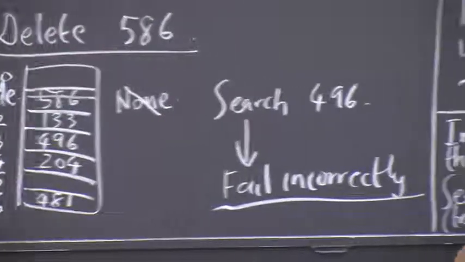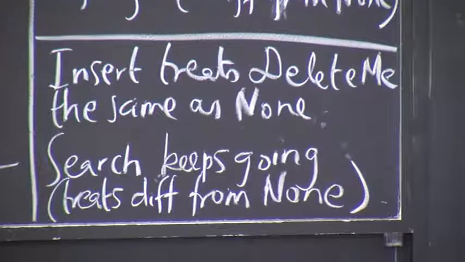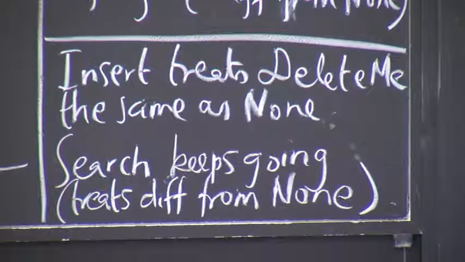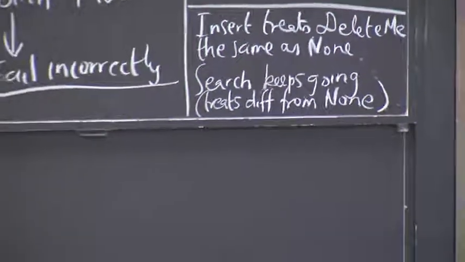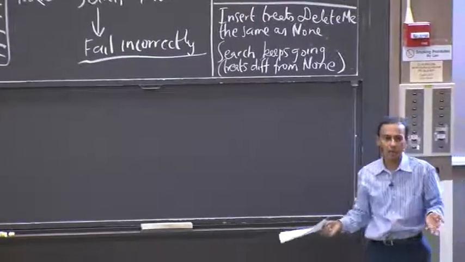The interesting thing here is that you can reuse storage. I mean, the whole point of deleting is that you can take this storage and insert other keys in there once you've freed up the storage. And you can do that by making insert treat delete me the same as none.